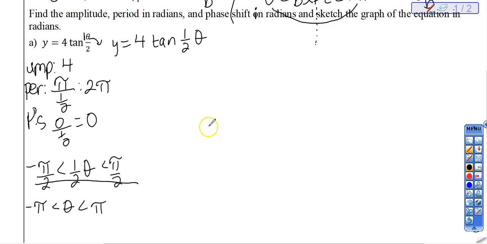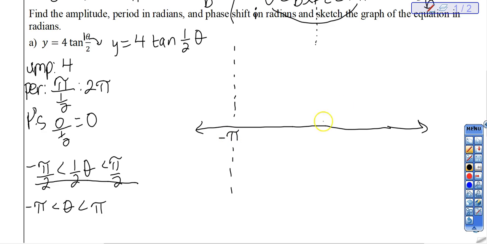So what I like to do is think about just drawing one branch of the cotangent or the tangent function, where I have an asymptote on one side at negative pi and an asymptote on the other side at pi. And I know that between these two values, I need 4 equal sections. So I need 3 critical points in between my two asymptotes.